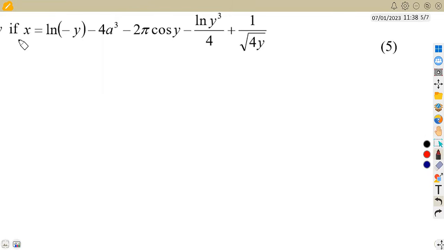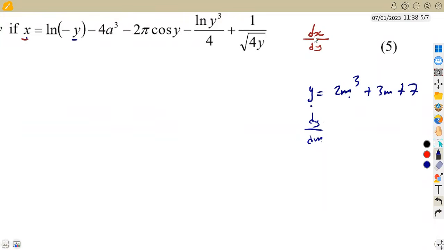What we need to consider now is x with respect to y. So which means we are supposed to find a derivative of x with respect to y like this. If you are given an expression y is equal to 2m cubed plus 3m plus 7, then expect dy dm. Y with respect to m, that's dy dm. Here it's x with respect to y, so it's dx dy. That is how we can play around this.